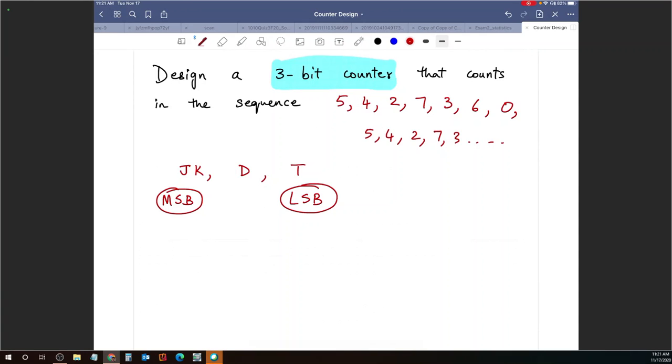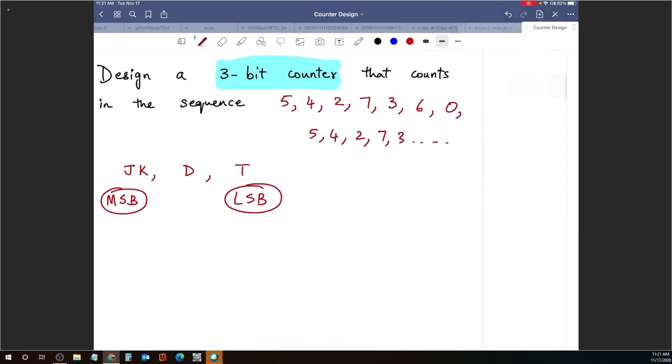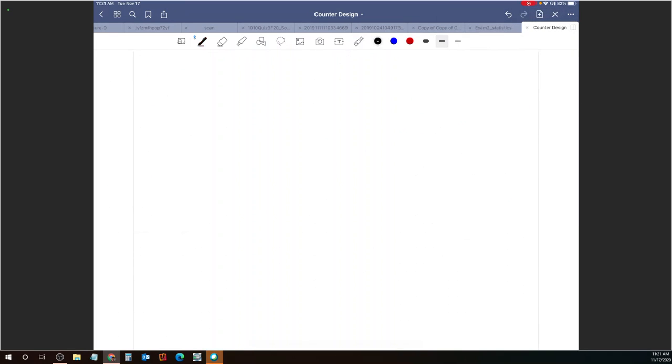Step number 1 here is to draw the state diagram. This will essentially help me visualize what my counter is supposed to do. And what is a state diagram?